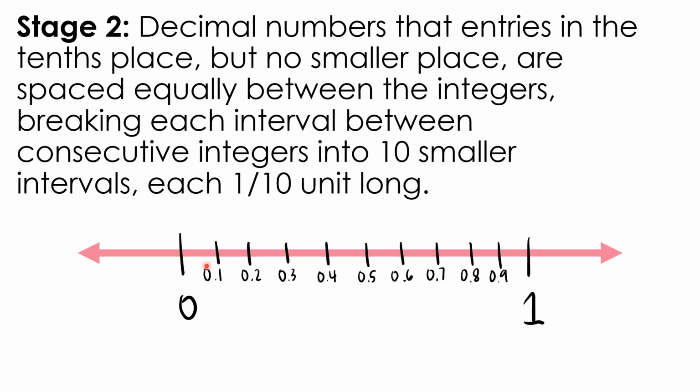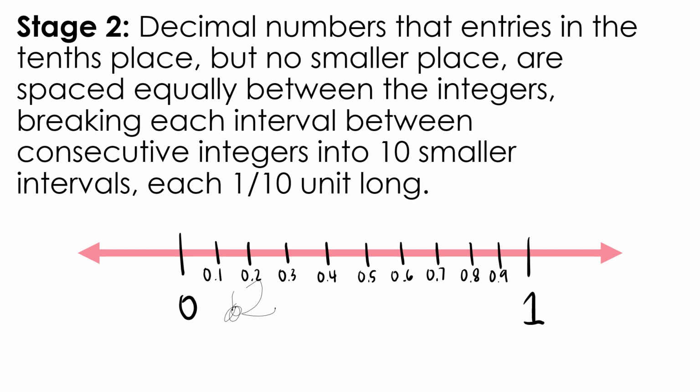So we're starting here at 0. This would be 1/10, 2/10, 3/10, 4/10, 5/10, 6/10, 7/10, 8/10, 9/10, 10/10, or 1. All right, so this is 0.2.